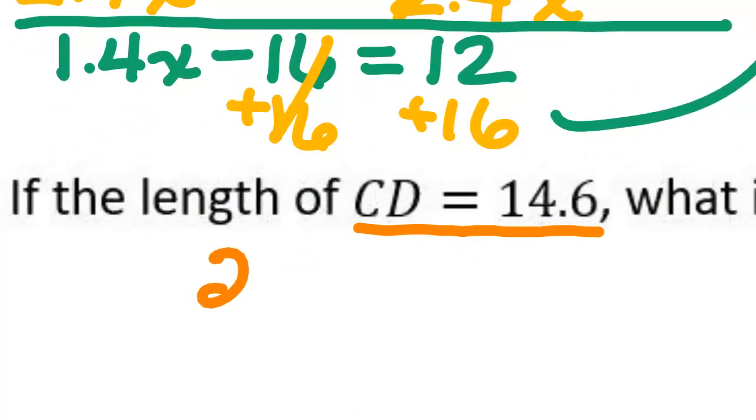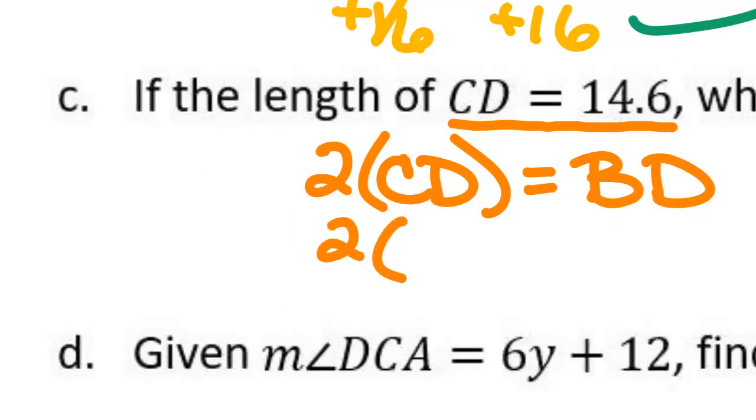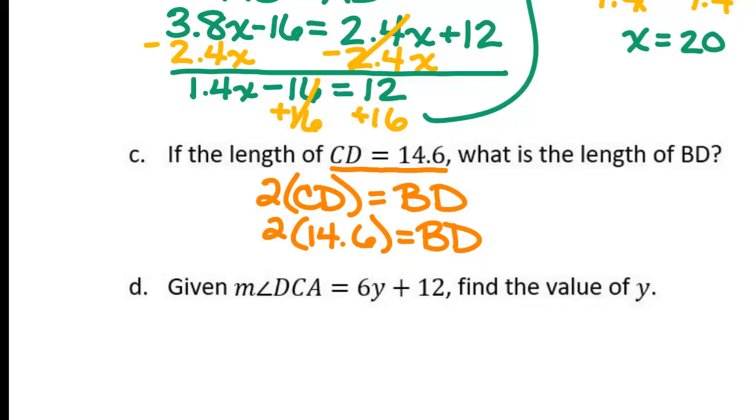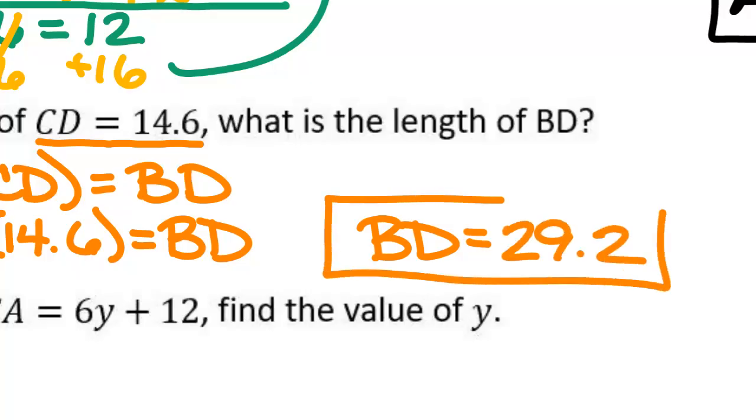So 2 times CD is equal to BD. So I do 2 times 14.6, and that'll tell me the size of BD. What is 2 times 14.6? 29.2. BD is 29.2.